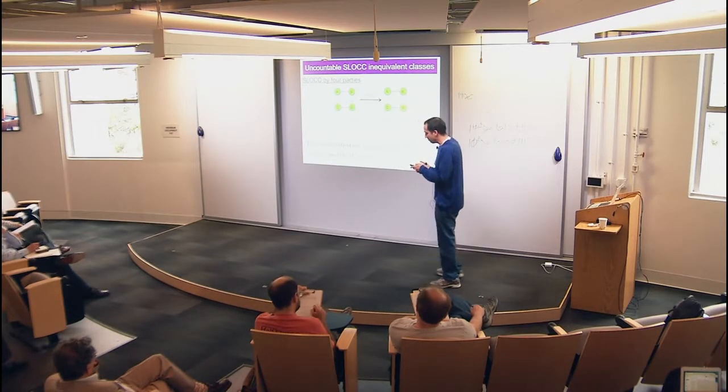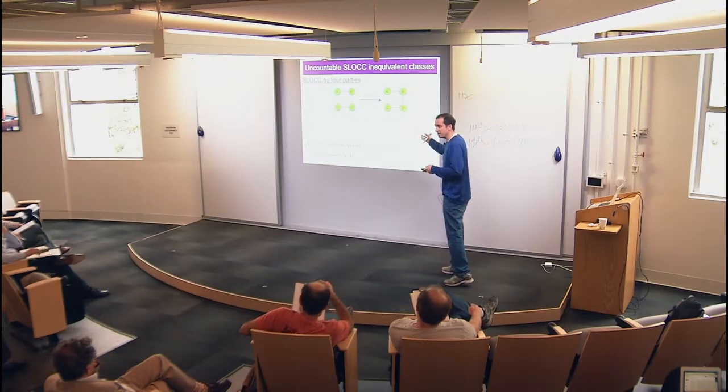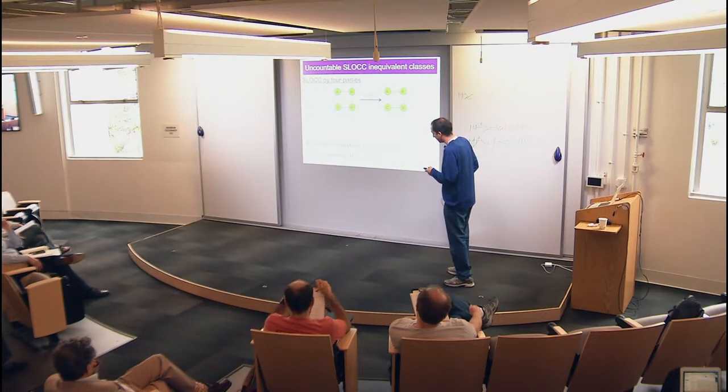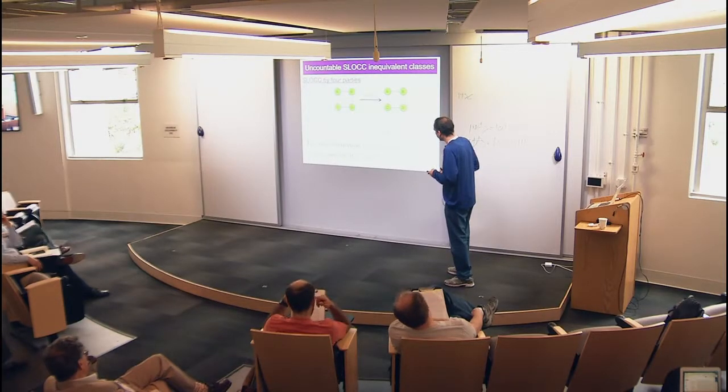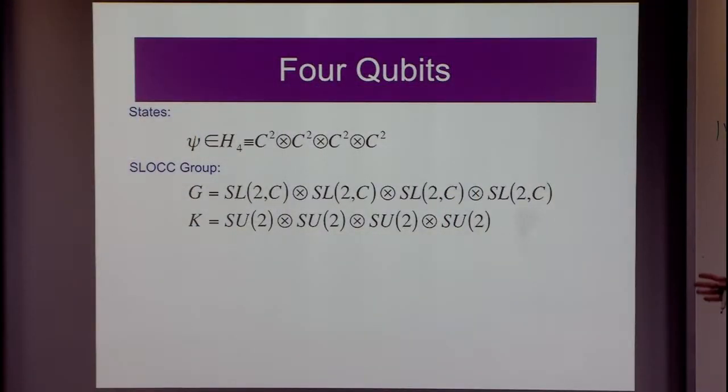For example, the W state that I wrote down wasn't critical. This also implies essentially that there are 4 independent SL invariant polynomials, basically.